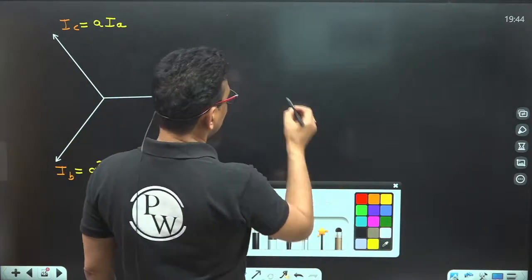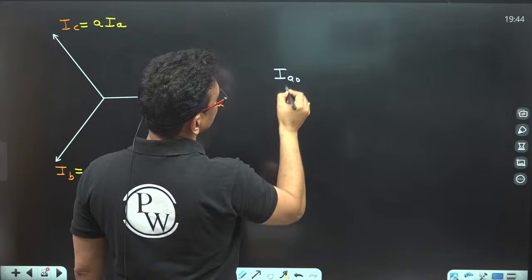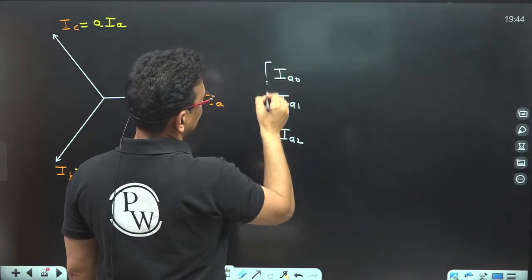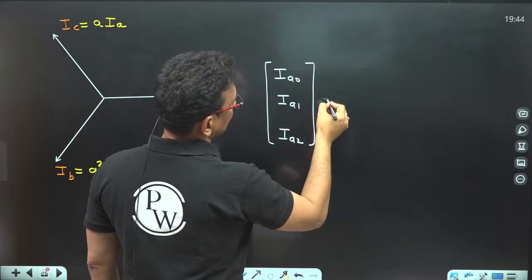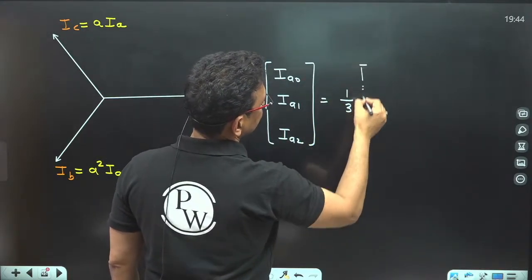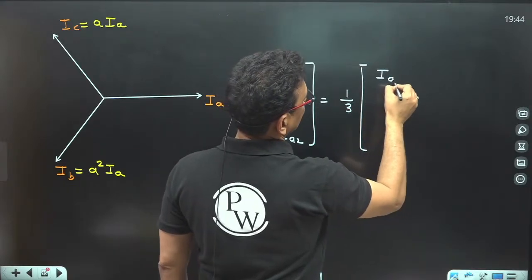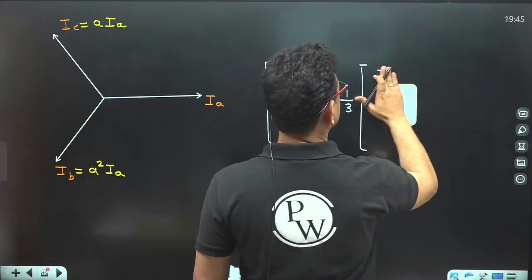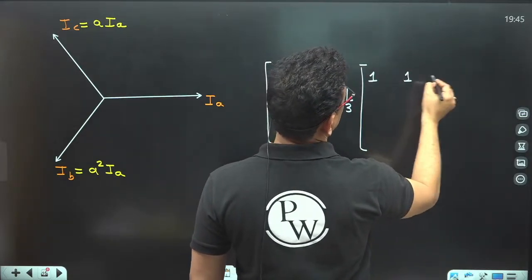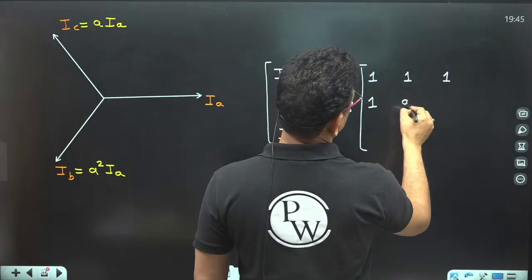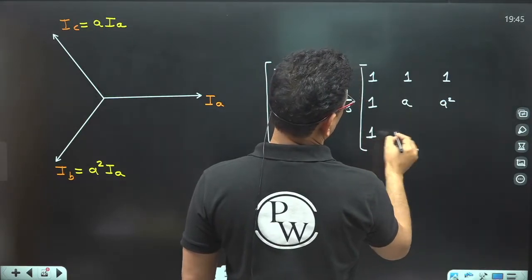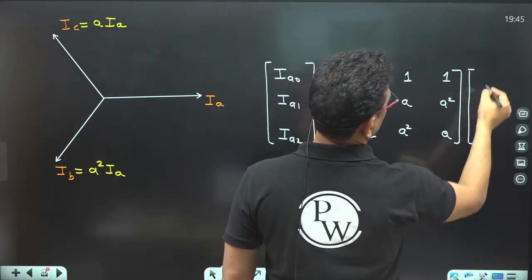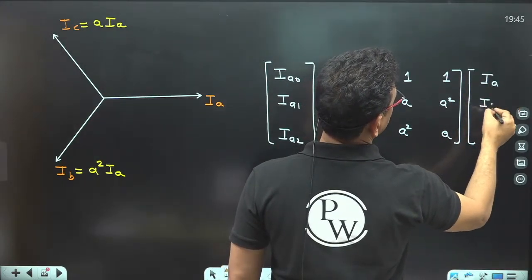We all know that IA0, IA1 and IA2 equal 1/3 times the matrix 1 1 1, 1 a square a, 1 a a square, multiplied by IA, IB and IC.